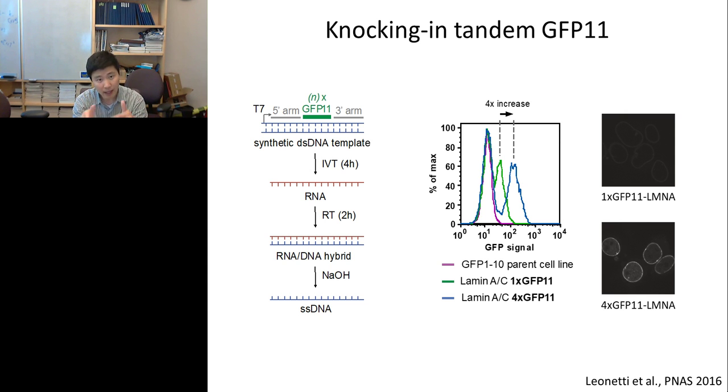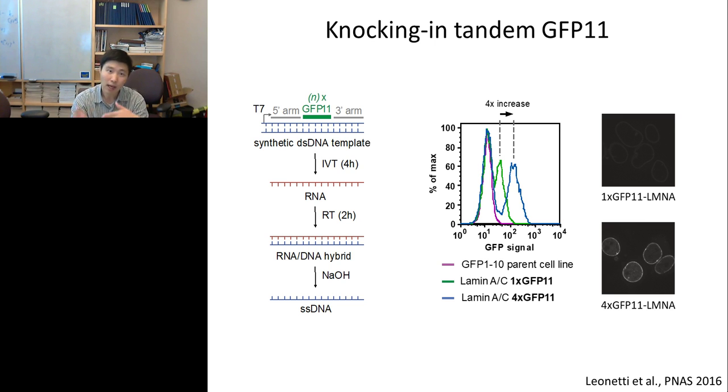And here, with about the same integration efficiency with 4x GFP11, we got 4 times the brightness of signal, which is seen both in a FACS histogram as well as in a fluorescent image. We also have to note that even with 7x GFP11, it's still much smaller than the GFP gene itself, because GFP contains 11 beta strands plus an alpha helix, whereas GFP11 is just one of the beta strands. So it is a pretty effective way of amplifying the signal.